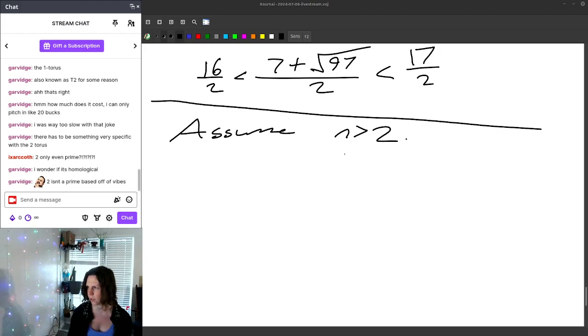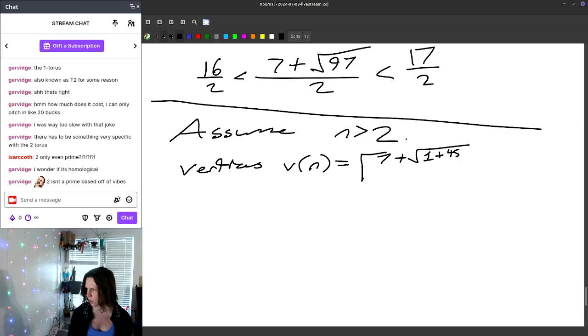I'm going to try to give you a lower bound. So for the number of vertices in a minimal triangulation, I'm going to call that V of n, and that's going to be given by the good part of the formula, which is the ceiling of (7 plus the square root of 1 plus 48 times the genus) divided by 2. All right, that's the number of vertices. The number of triangles, I'll call T of n.